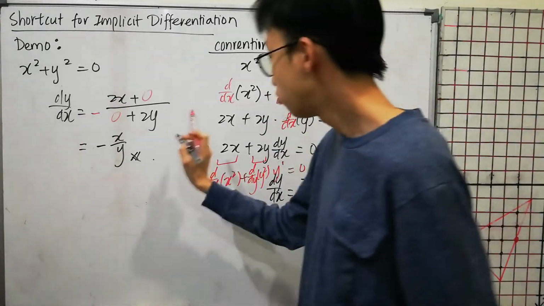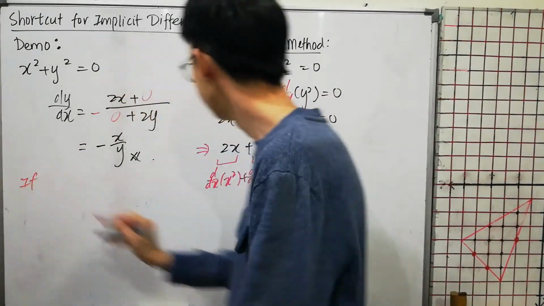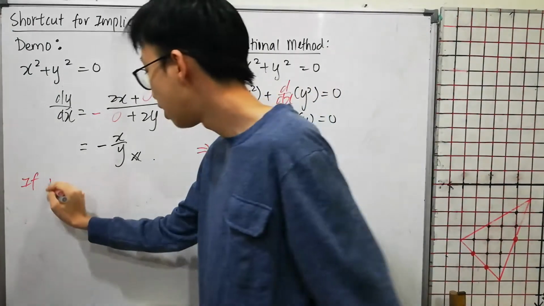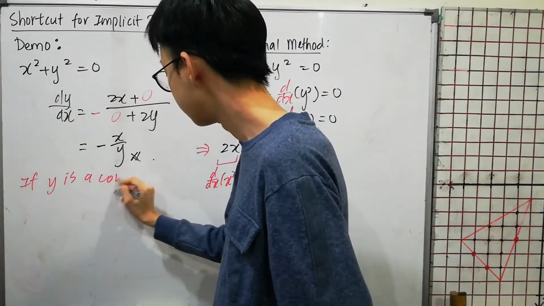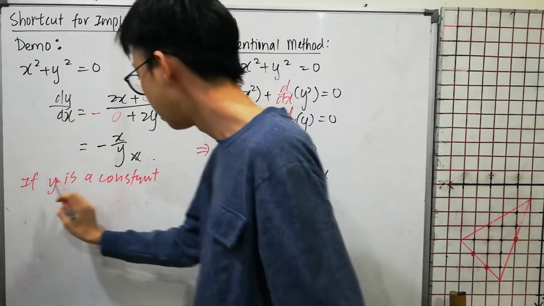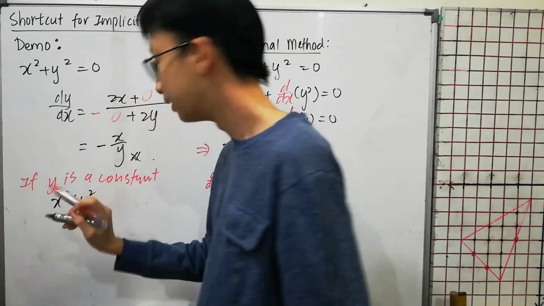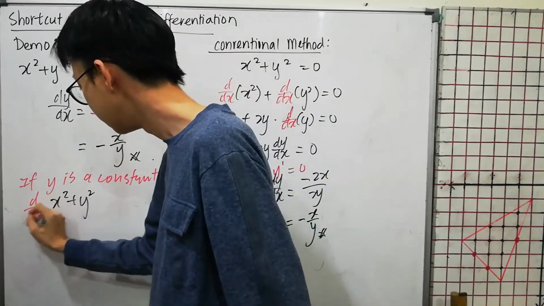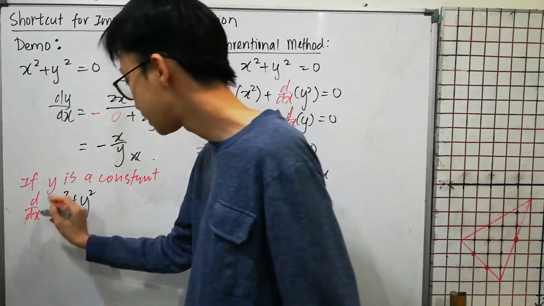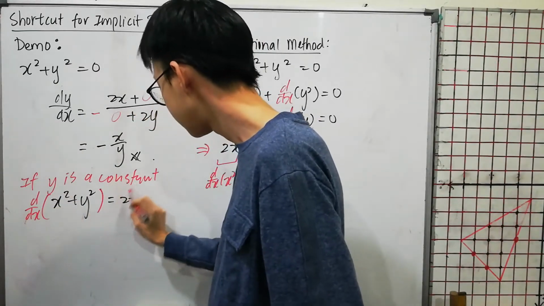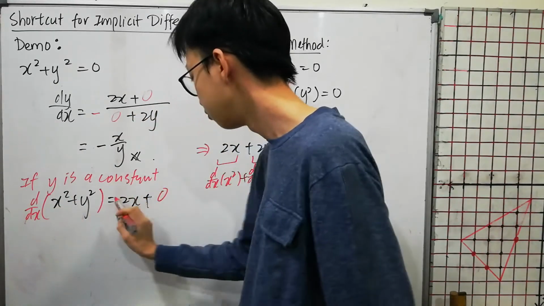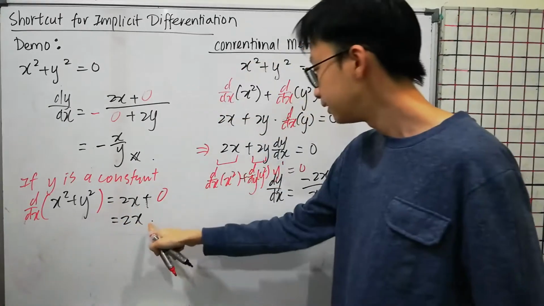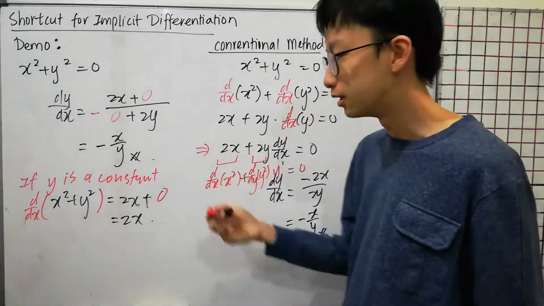If y here is a constant, then when we differentiate with respect to x, it will be 2x plus 0, which is 2x, and it is the same as this part, isn't it?